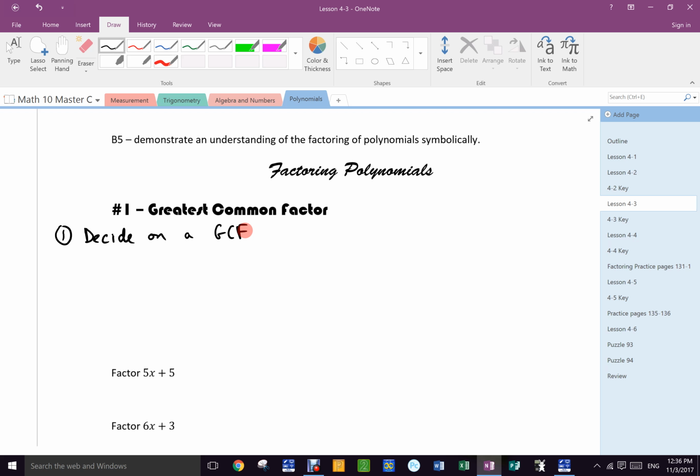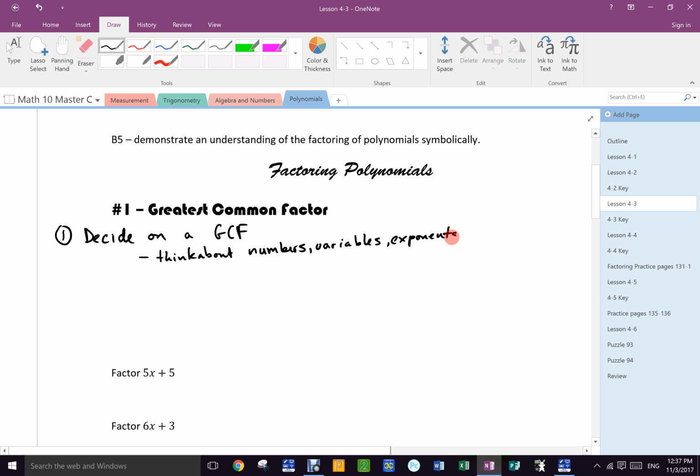The variables? The exponents? Yeah. So we decide on a GCF, and we have to think about numbers, variables, and exponents.